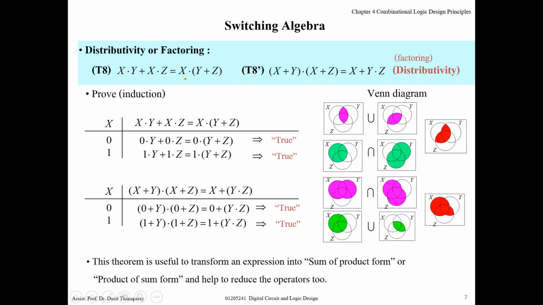Or if you start at the right hand side, you can distribute x into the parentheses, then it becomes x and y, or x and z. This one also, for OR also, you can distribute x or y, and then x or z, x or y and x or z.